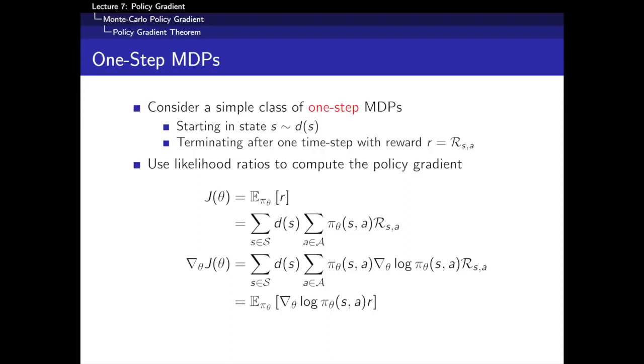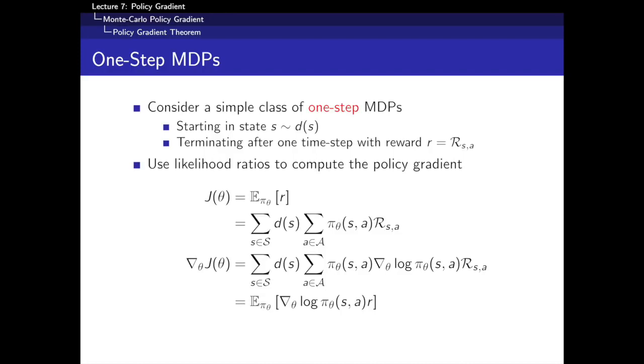So we can push the gradient right into just this term here, and expand that using our likelihood ratio trick. So the gradient becomes now the policy multiplied by the gradient of the log policy multiplied by the reward that you get. And so this is, again, now an expectation. That's the whole point of using the likelihood ratio trick.